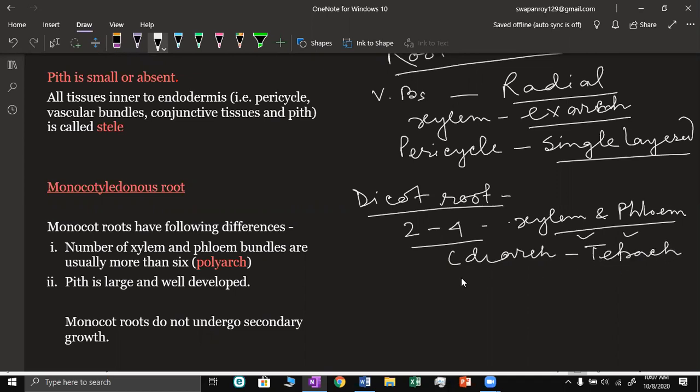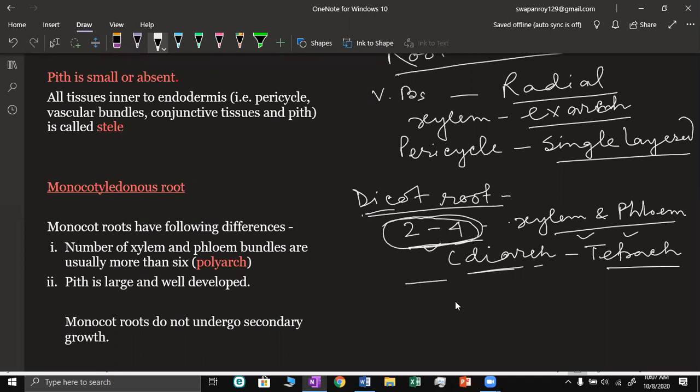Di means 2, diarch indicates 2 xylem patches, tetrarch means 4 xylem patches, and there is also triarch, and monarch means only 1. So the xylem and phloem bundles are very limited. This is usual; sometimes more is found, but usually it is 2 to 4.